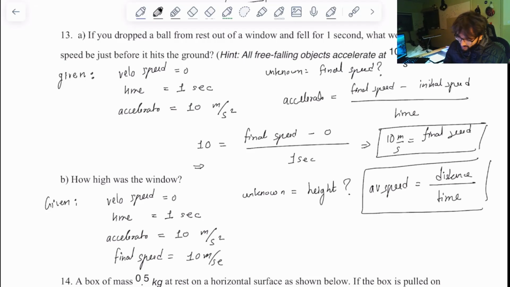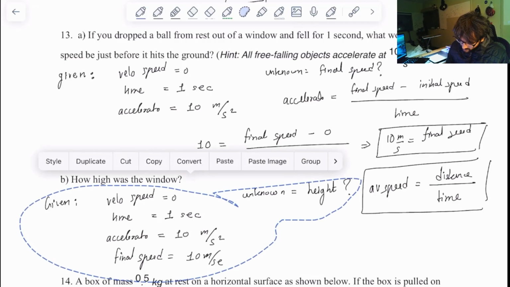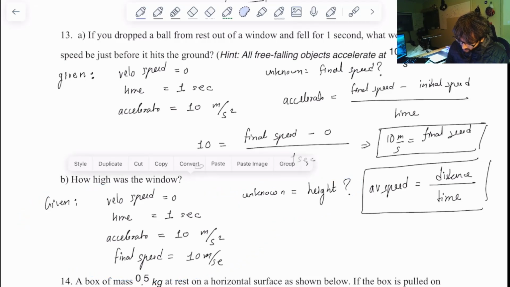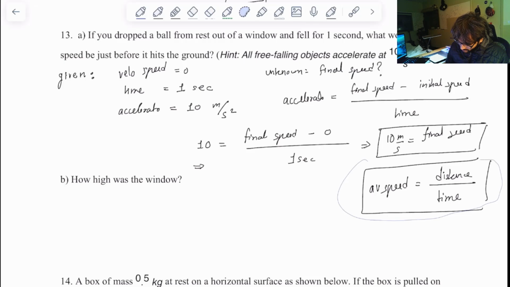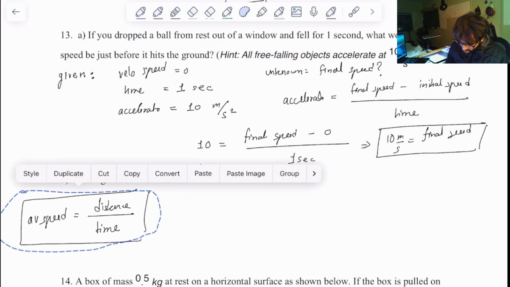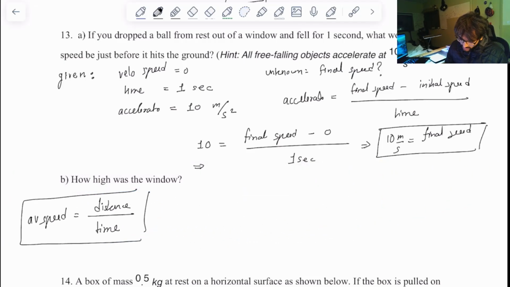Keep that in mind. I'm going to erase this for a second so that I can have more space to work with. So average speed is distance over time.